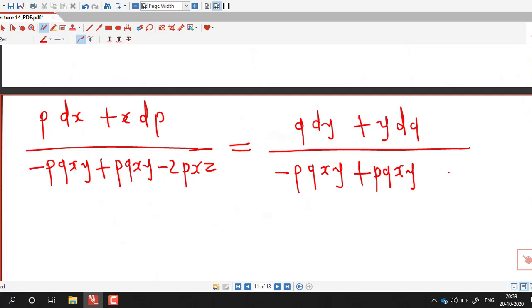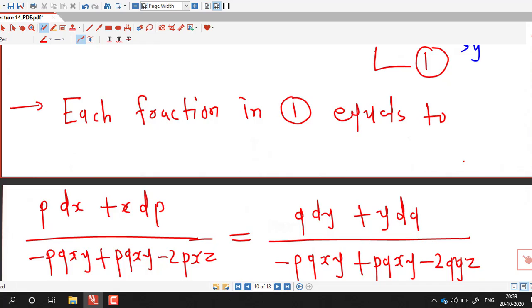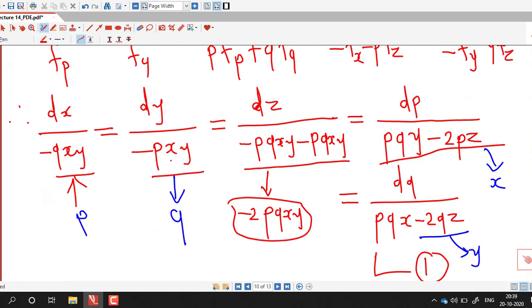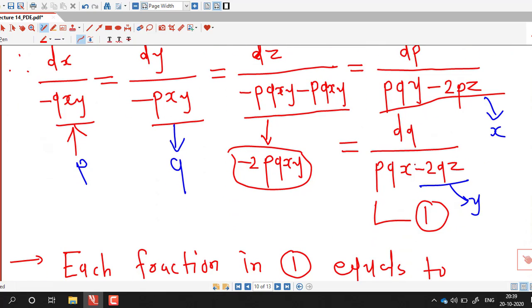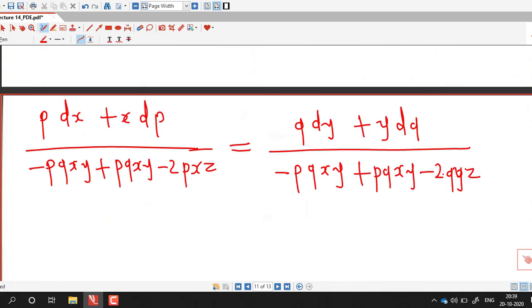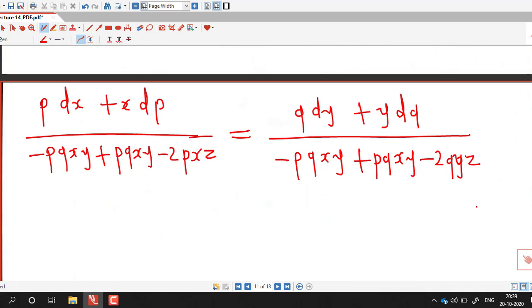I will have pqxy, and instead of 2pxz, I will have 2qyz. You can check here, this is multiplied with q, so we have minus pqxy. This is multiplied with y, so pqxy minus 2qyz, which I have written here.